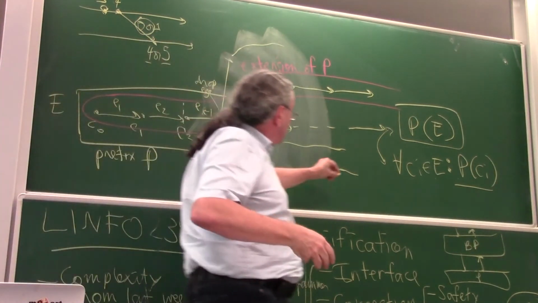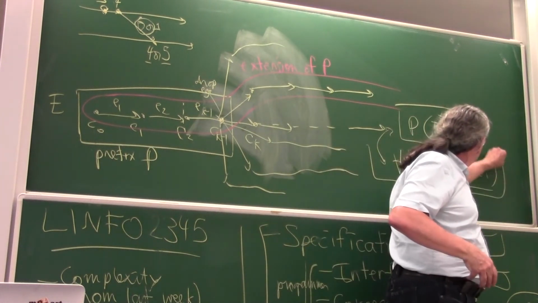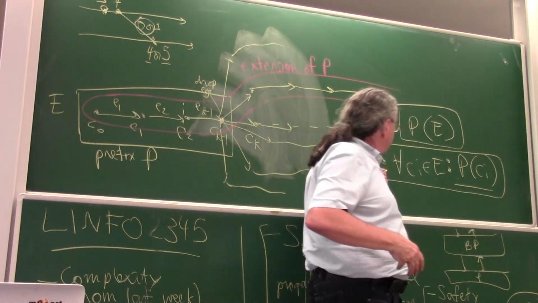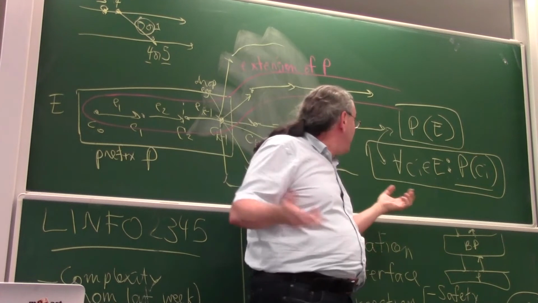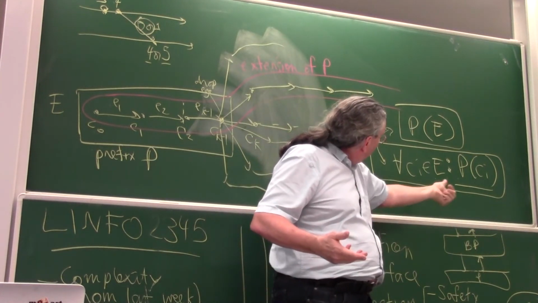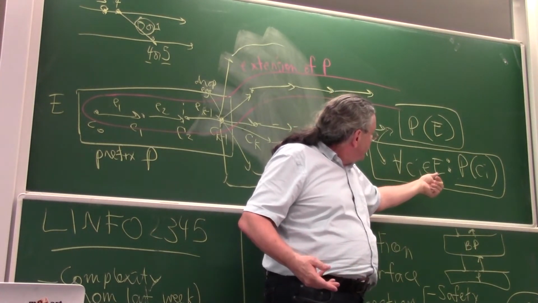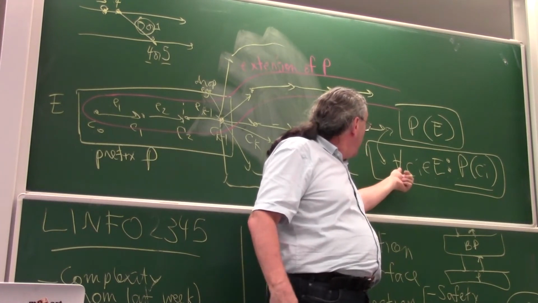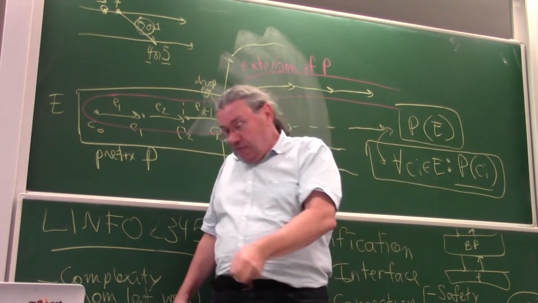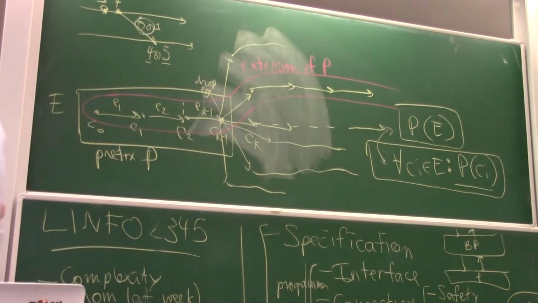Well, there's a good reason. If we do it like this, something goes wrong sometimes. It's not actually good enough. Okay? So what goes wrong? If we say it's safe in every single configuration, how come that's not good enough?